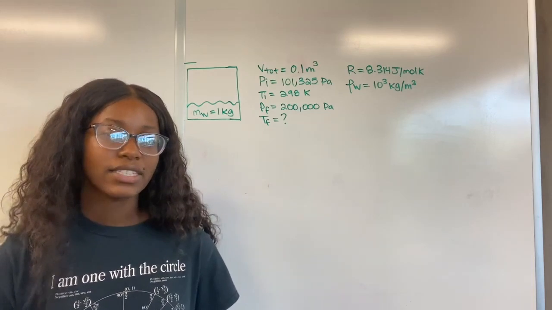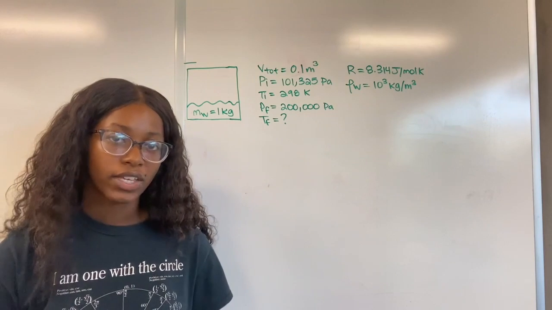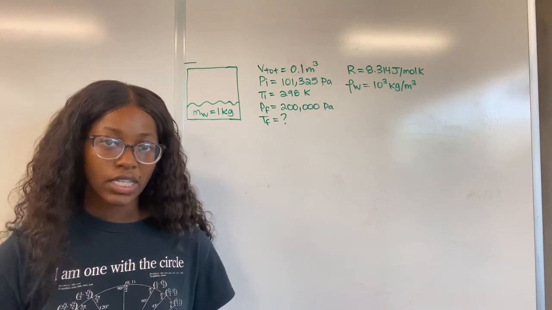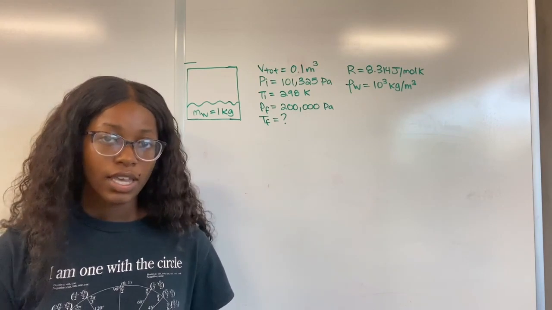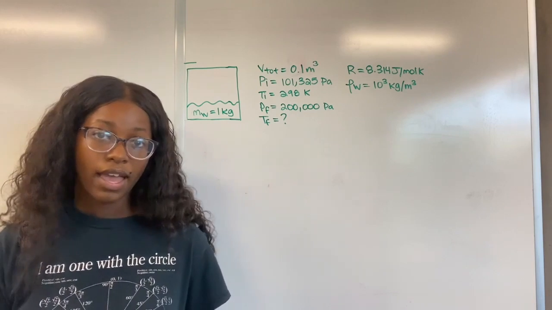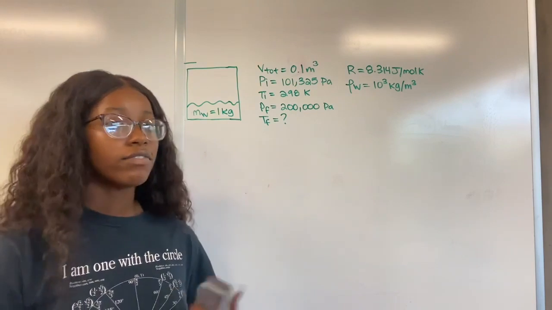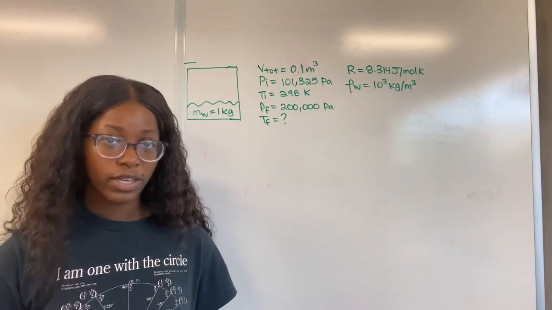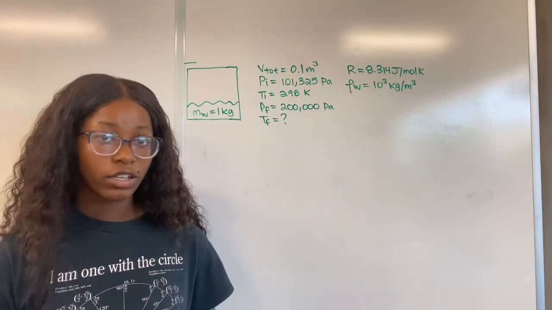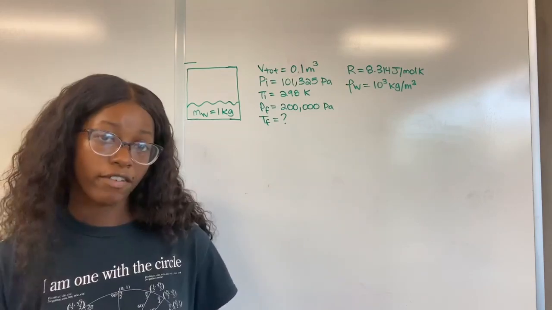What if instead of the total volume of the container or the system being 0.1 cubic meters, it was unknown? And additionally, of the 1 kilogram of liquid water we started with, this time we wanted 0.3 moles of it to be water vapor.